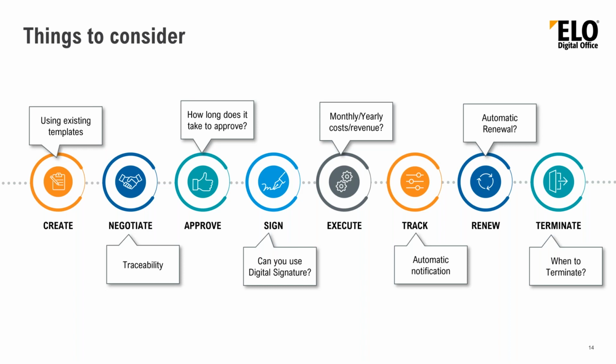And then when it comes to the execution, well, we want to know what are the monthly or the yearly costs, or what is the monthly or the yearly revenue. Would be interesting for us, not for the single contract, but for the contracts overall. Then we have to keep track of the contract. We should get automatic notifications when there is a date when we should terminate the contract.